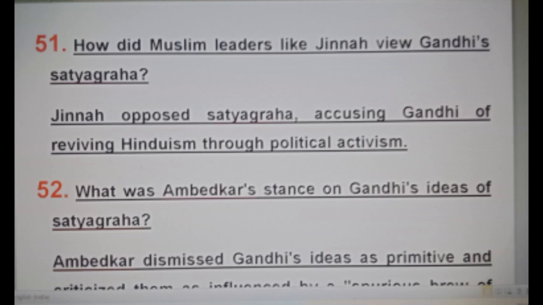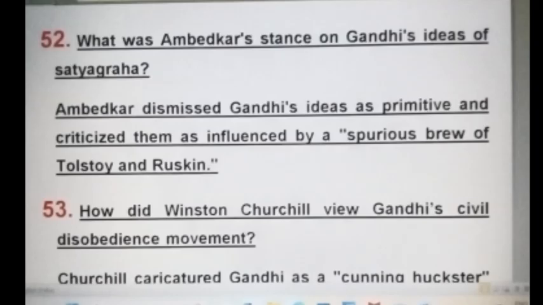How did Muslim leaders like Jinnah view Gandhi's Satyagraha? Jinnah opposed Satyagraha, accusing Gandhi of reviving Hinduism through political activism. What was Ambedkar's stance on Gandhi's ideas of Satyagraha?